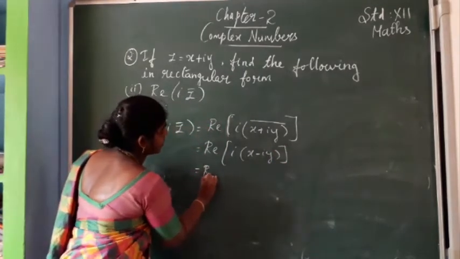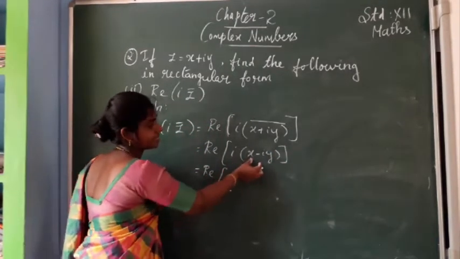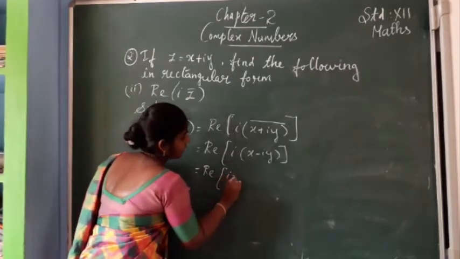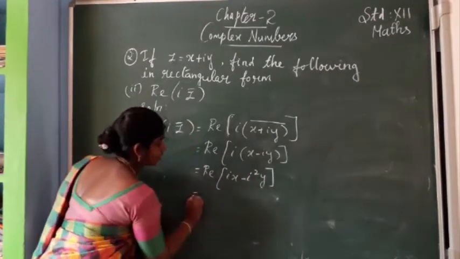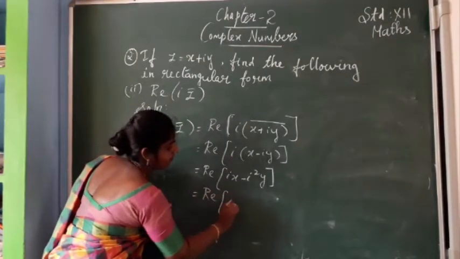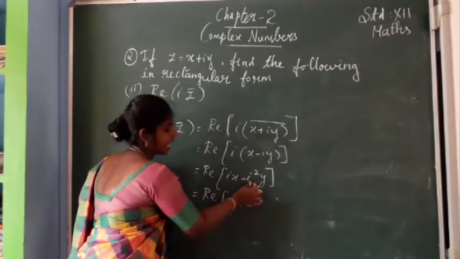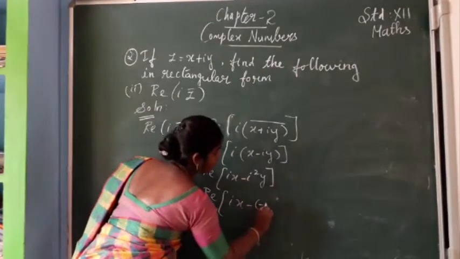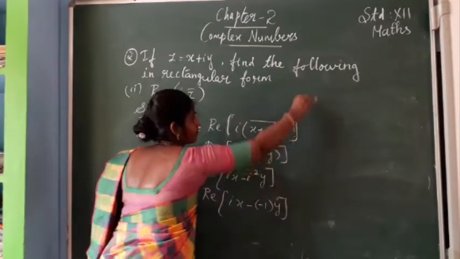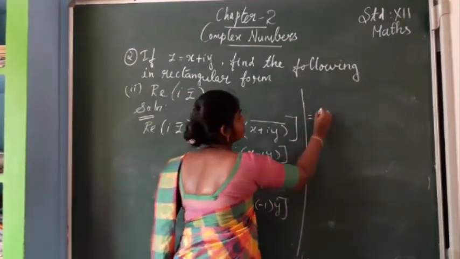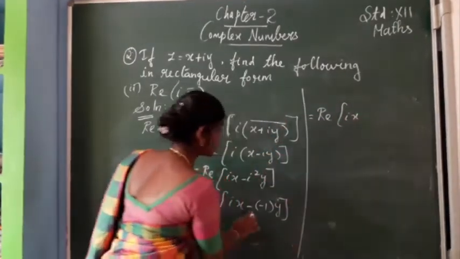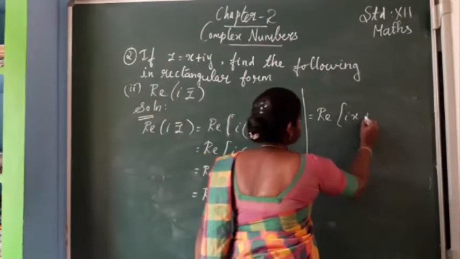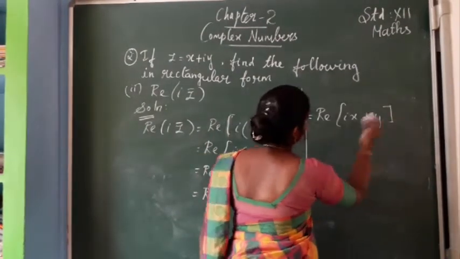That's equal to real part of, have to multiply this i inside, so ix minus i square y. That's equal to real part of ix minus, i square value is minus 1, into y. That's equal to real part of ix minus the minus, plus y.